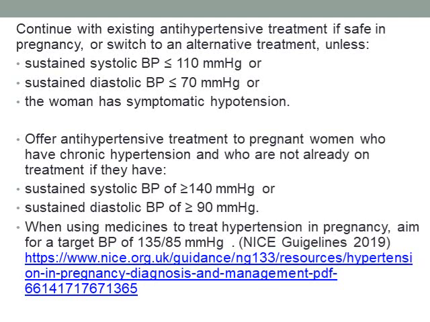When using medicine to treat hypertension in pregnancy, aim for a target blood pressure of 135/85. فأنا ما أريد أقل من هذا وما أريد أعلى من هاي الريدنج.